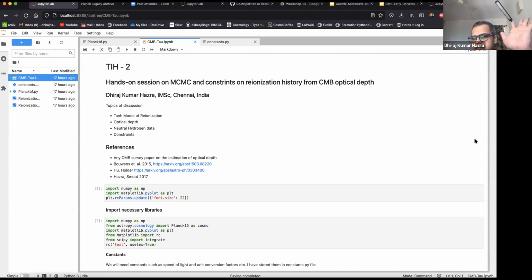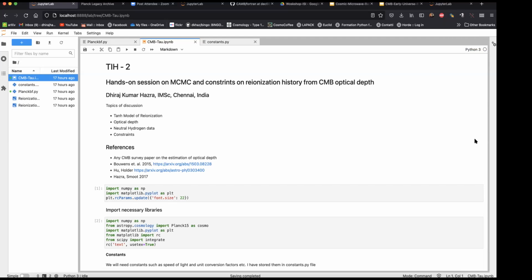Then after that we are not integrating. If we integrate from 0 to 10,000, then recombination will come again. But this is the reionization optical depth. This tau is only for that.